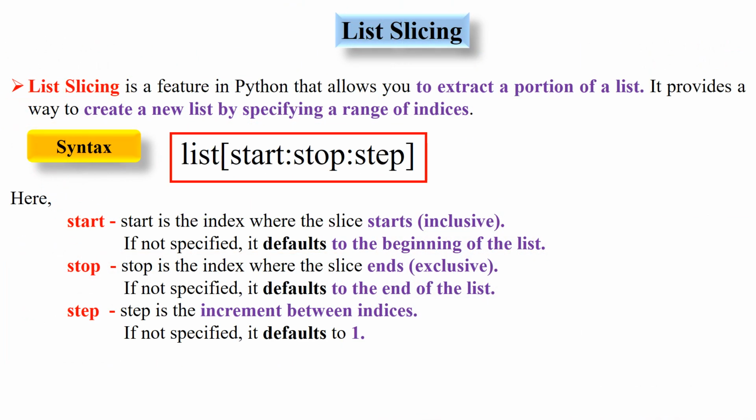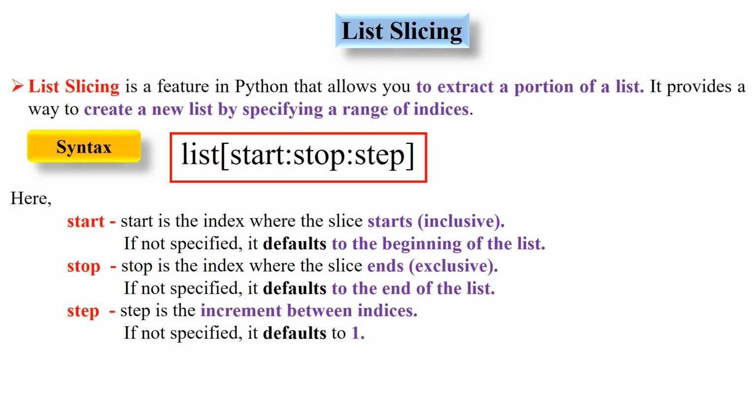List slicing is a feature in Python that allows you to extract a portion of a list. It provides a way to create a new list by specifying a range of indices. The general syntax for slicing a list is list[start:stop:step], where start is the index where the slice starts, inclusive.